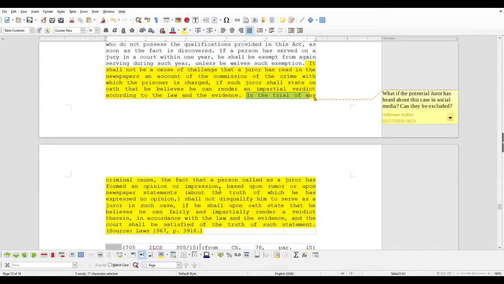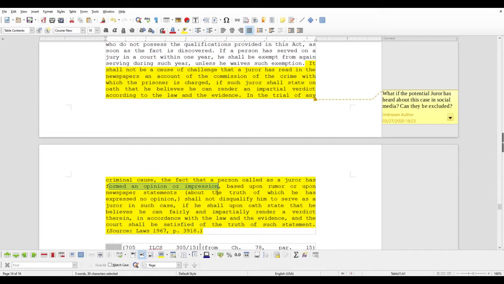So the fact that you heard about this case on Twitter, on the news, on TV, or on Facebook, the fact that you heard about it doesn't bar you from being a juror. As a matter of fact, the fact that you have already formed an opinion or an impression about the person and their guilt in the matter doesn't bar you from being a juror.